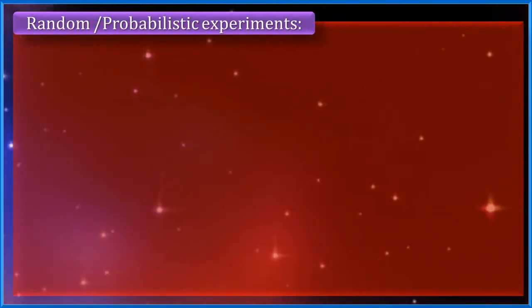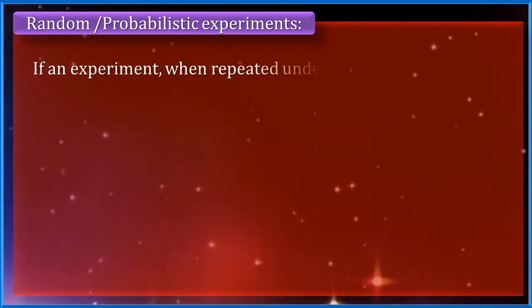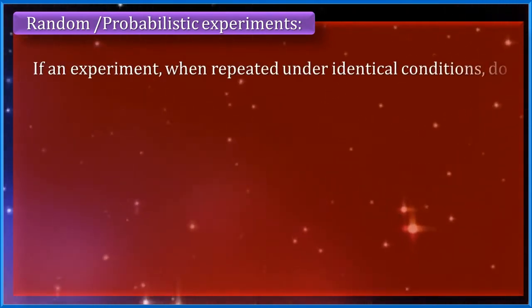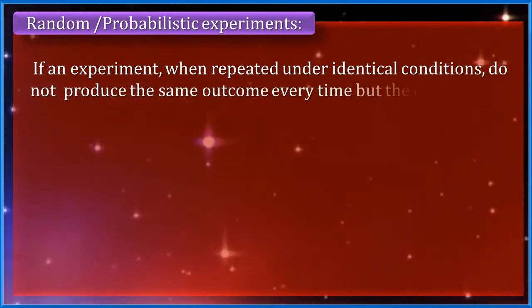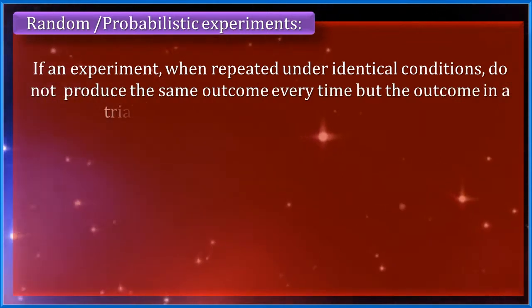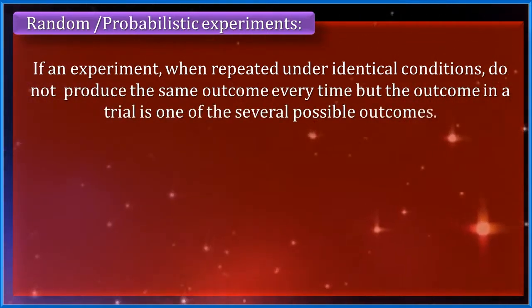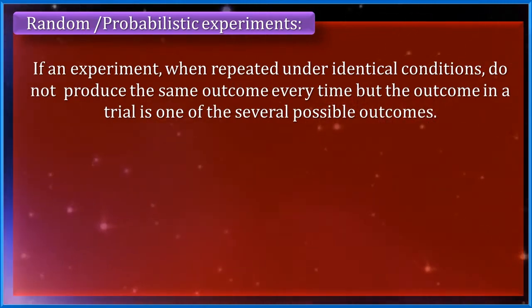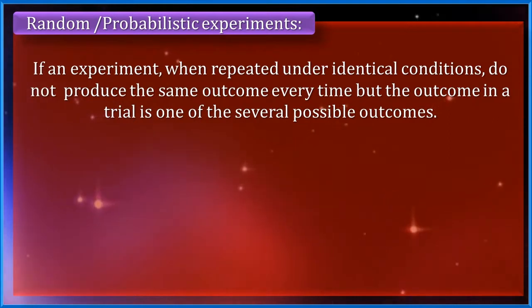Random or probabilistic experiment. If an experiment, when repeated under identical conditions, does not produce the same outcome every time, but the outcome in a trial is one of the several possible outcomes, then it is known as a random or probabilistic experiment.